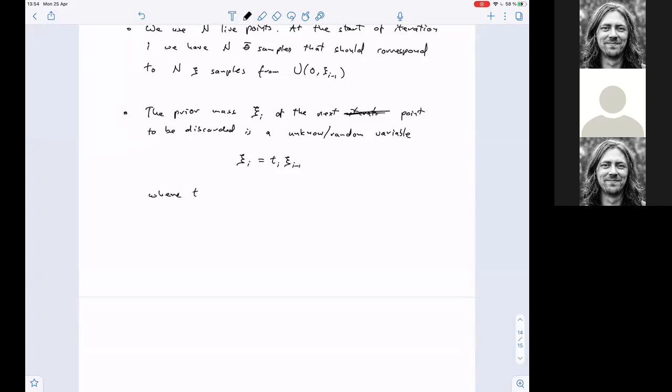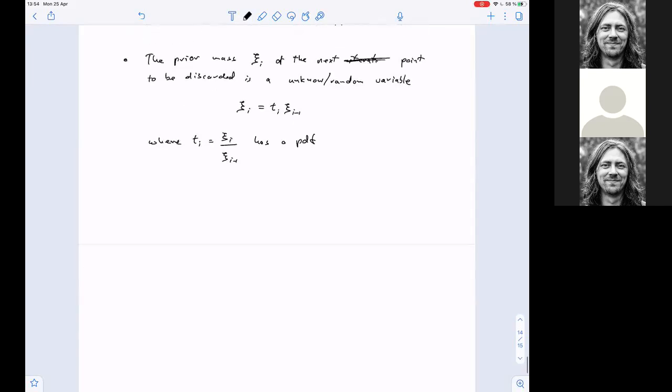This t_i has a particular PDF, and this is the key. I'll just use t because it will be the same PDF for all the t_i.